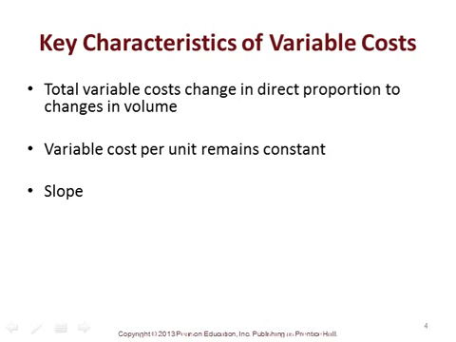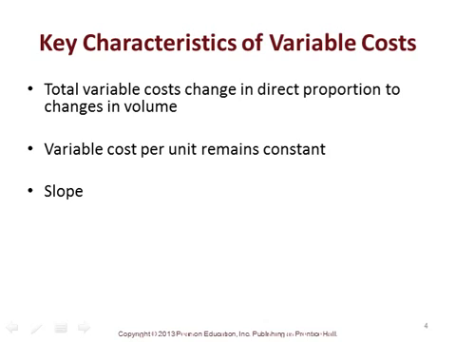So my total variable costs change in direct proportion to changes in volume. So if I produce 1 unit, it costs me $6. If I produce 1,000 units, it costs me $6,000. But it's because I increase my volume that my total variable costs change, not because the variable cost per unit changed for each additional unit of volume.